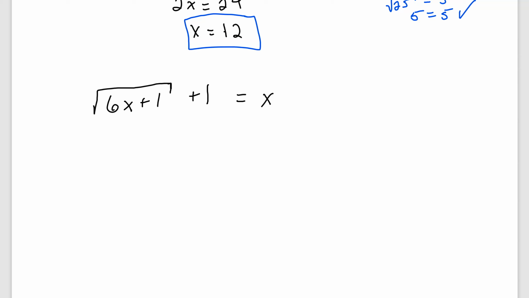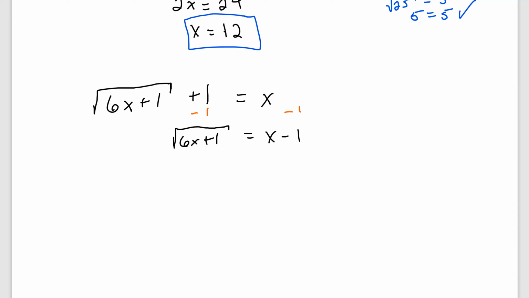I have my radical, but I have an additional plus 1 hanging out here, so my radical is not isolated yet. I have to subtract the 1 from both sides. I've got to get this radical by itself first. So I'm going to get the square root of 6x plus 1 is equal to x minus 1.